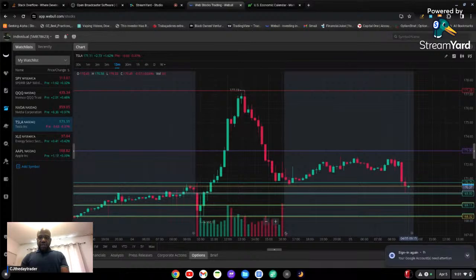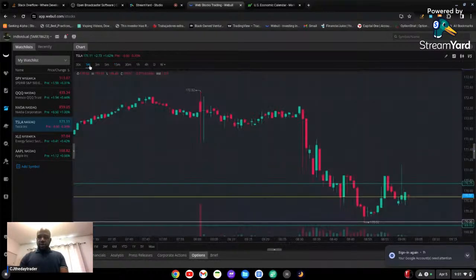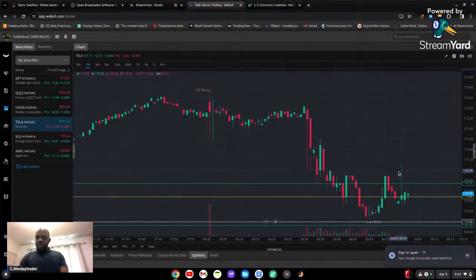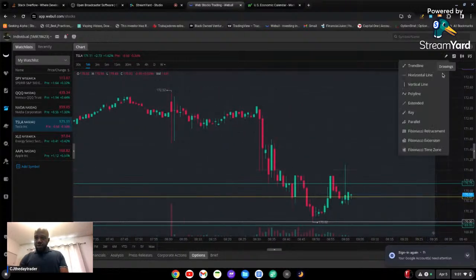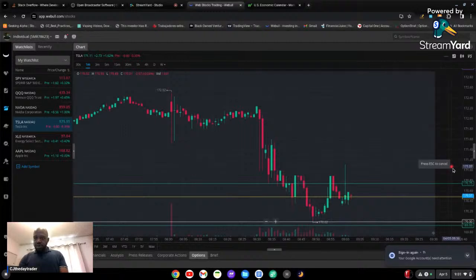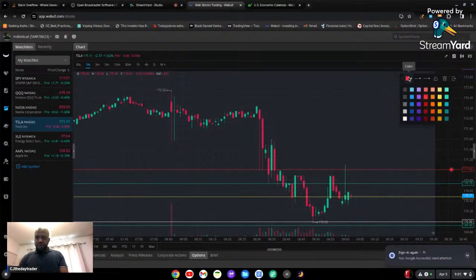We could call that 171 for a possible rejection point. If we go into the 1-minute chart, we see 171 is right here. So we're going to draw another whole number line, a white line right here at 171.